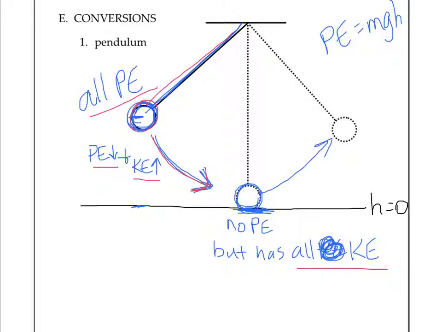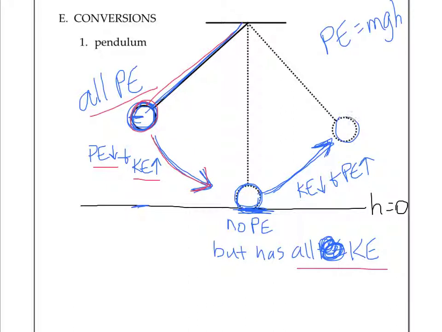Is it still moving? Are they even? Yes. So if they're going to be even, okay, that kinetic energy, is it speeding up or slowing down as it swings up? Slowing down. So kinetic energy does what? Good, decreases. Okay. And then what's happening to the potential? Good, it's increasing.